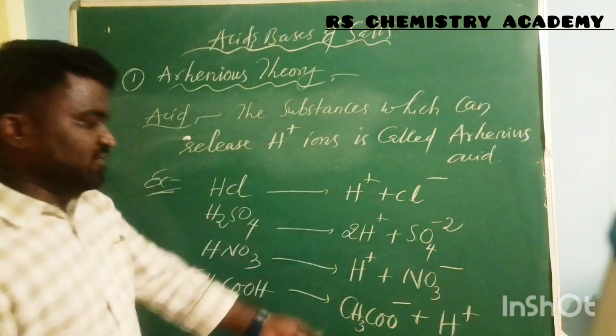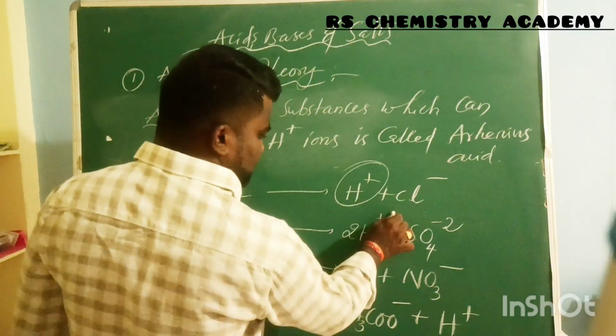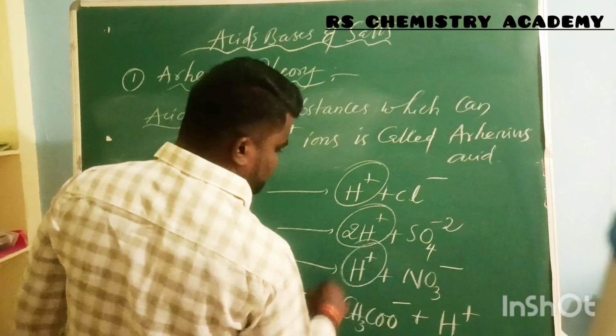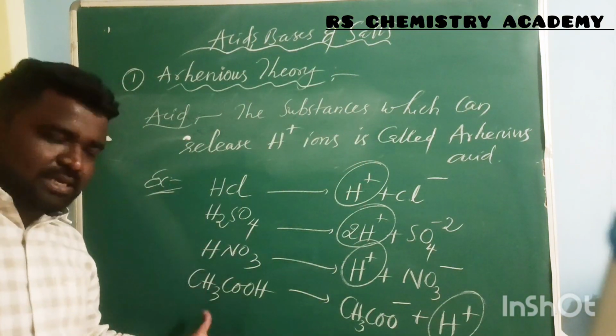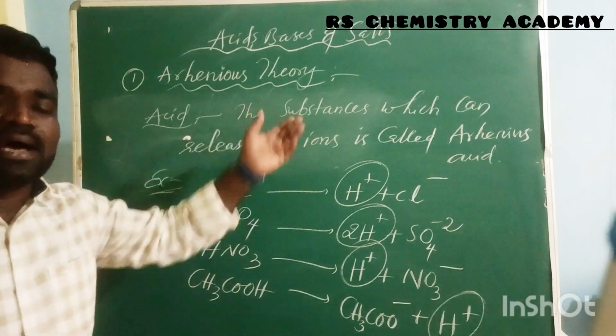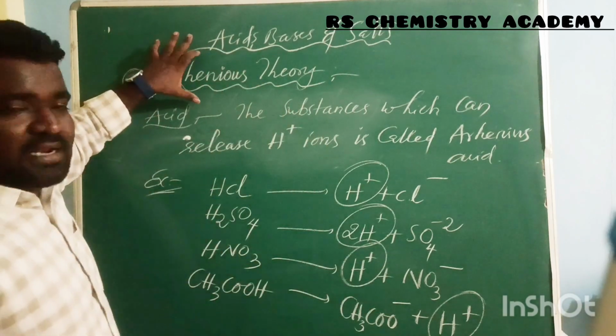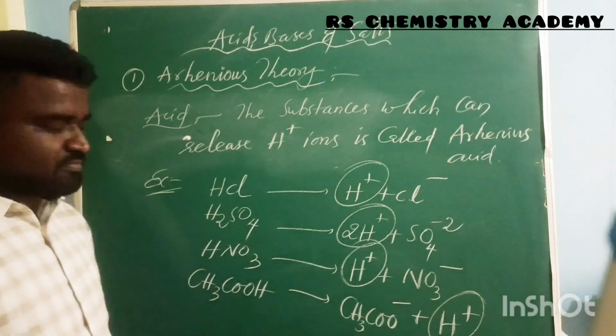In these four equations, we can observe H plus ions. So these substances release H plus ions, and all of these belong to acids according to Arrhenius theory.